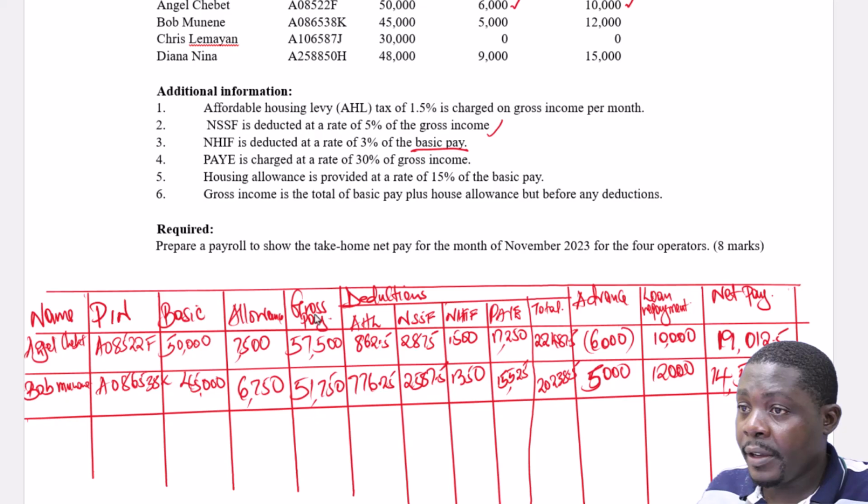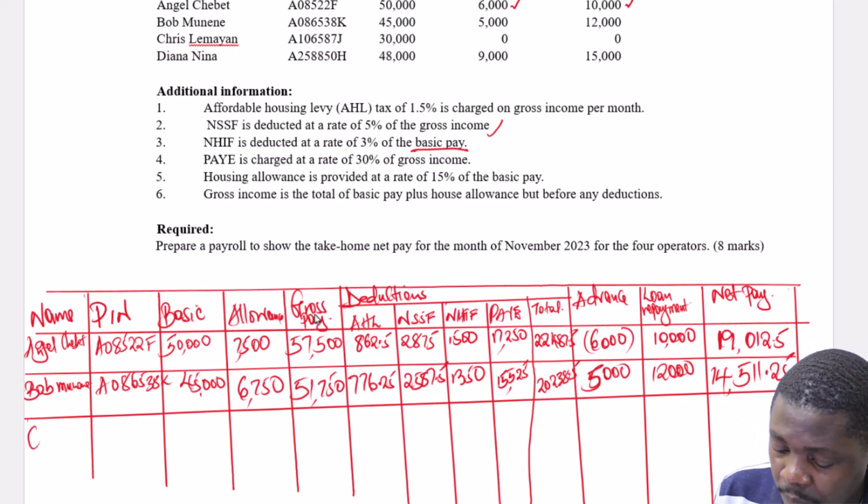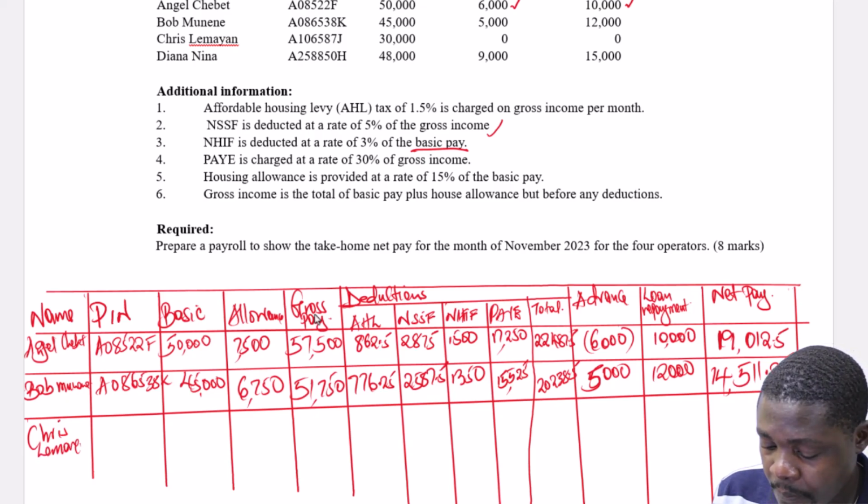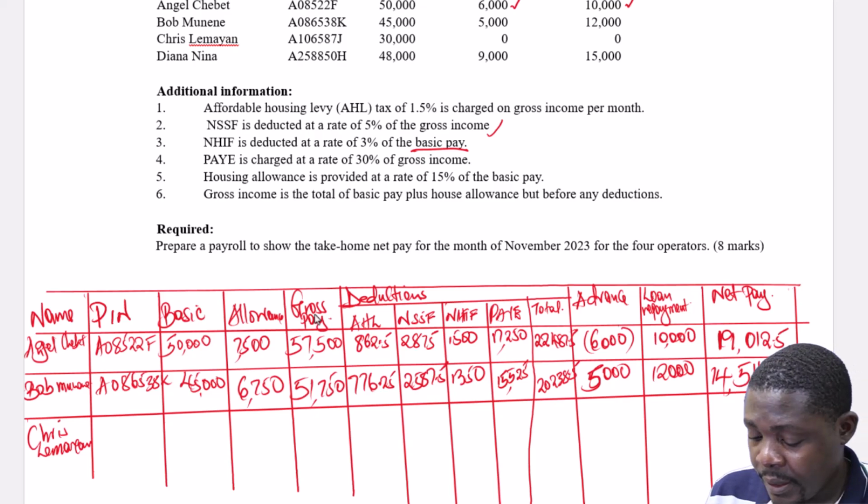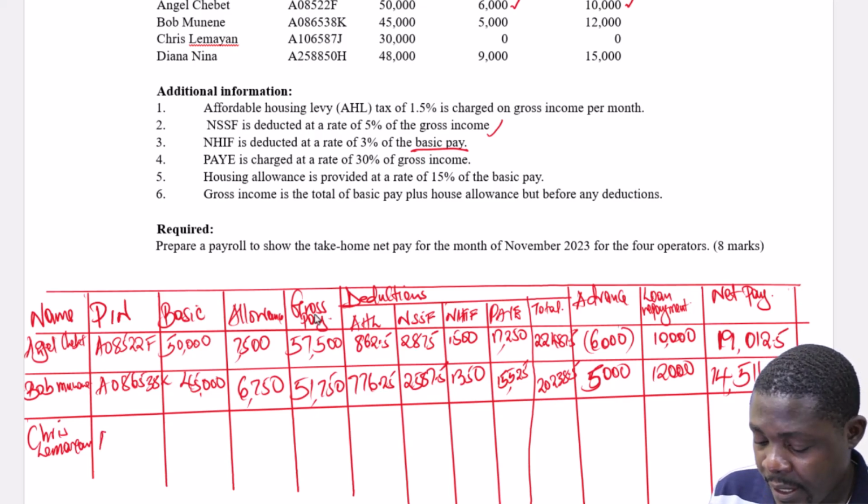Number next is Chris Lemayan. His KRA pin is A106587J.